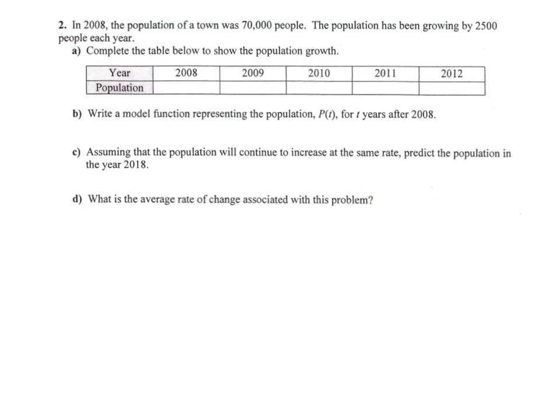All right, number 2. In 2008, the population of a town was 70,000 people. The population has been growing by 2,500 people each year. Which of the two numbers provided is my initial value? 70,000, so we're starting with 70,000 people.